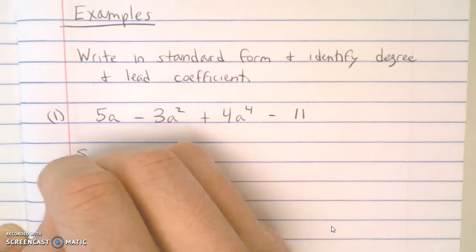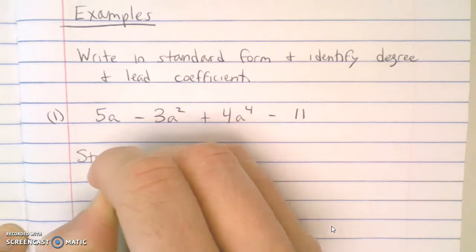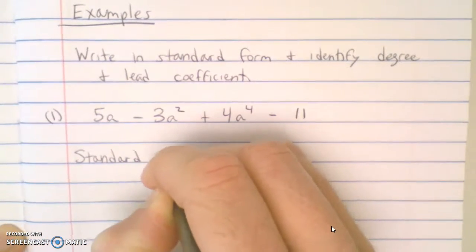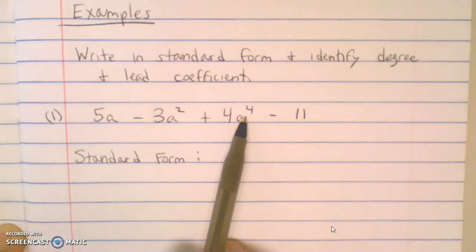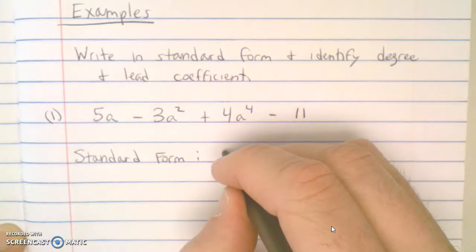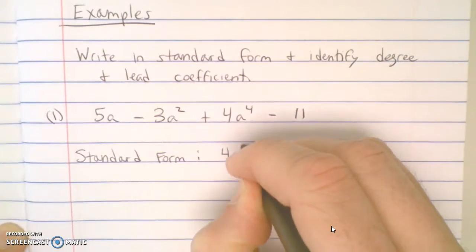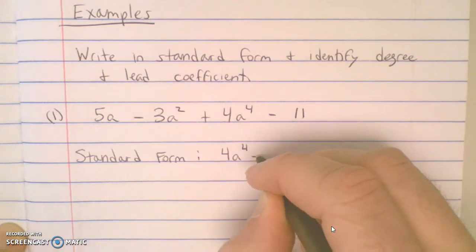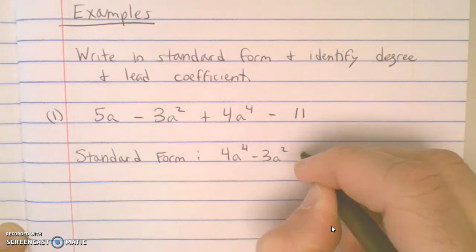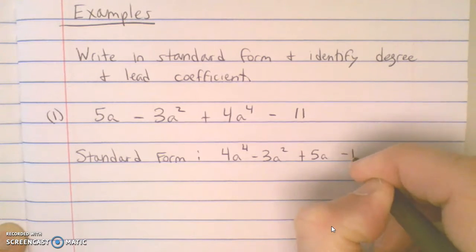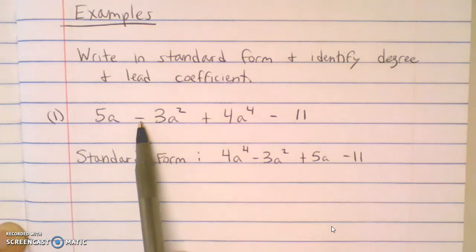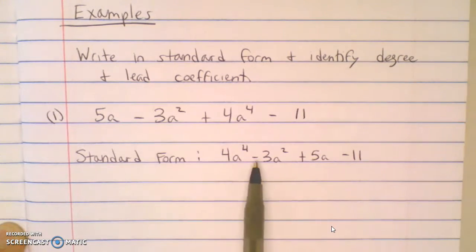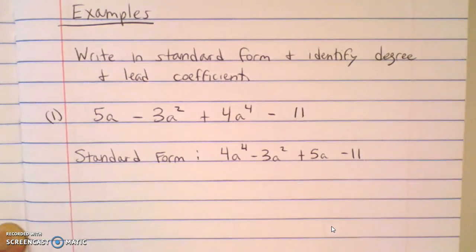So standard form, we're going to put it in order of highest exponent to lowest exponent. So the highest exponent term is the 4a to the fourth, then minus 3a squared plus 5a minus 11. Be careful of the signs. Since there's a minus sign in front of the 3a squared, I have to keep that minus sign with the 3a squared.